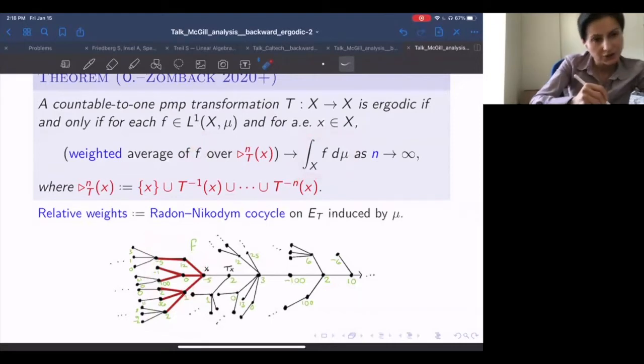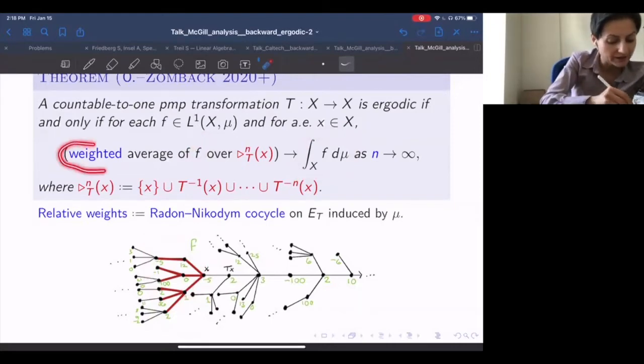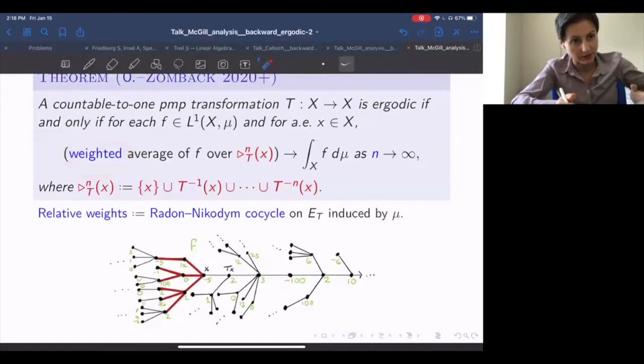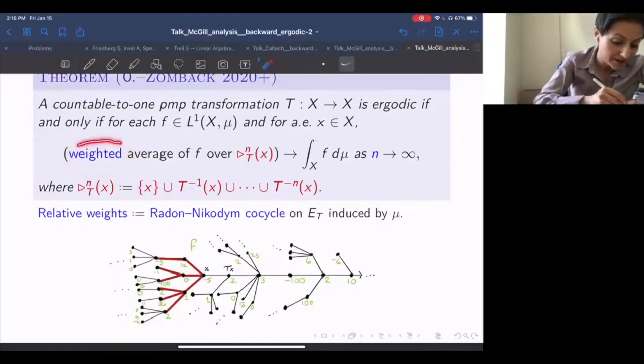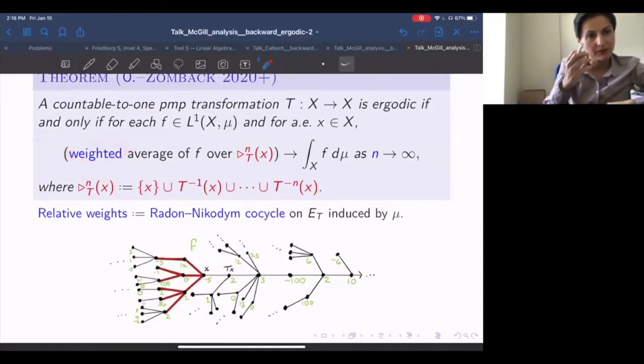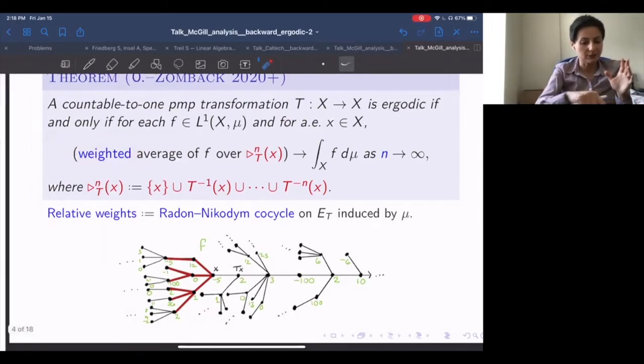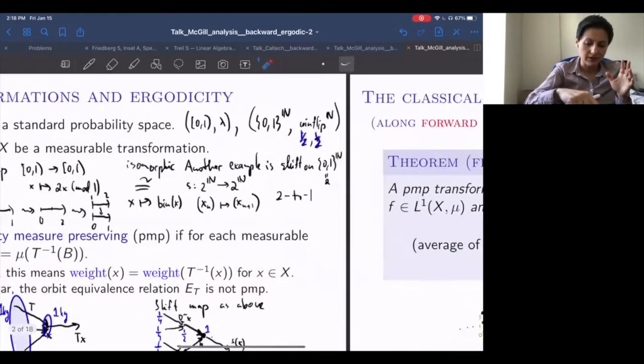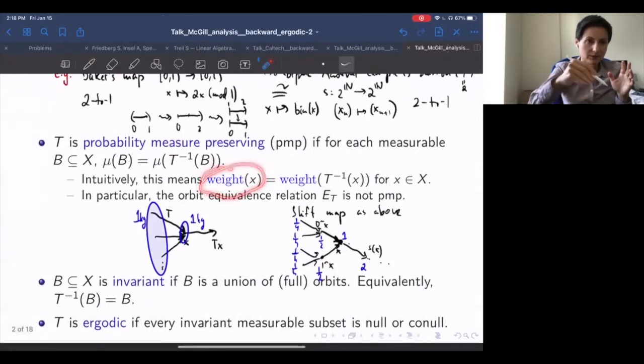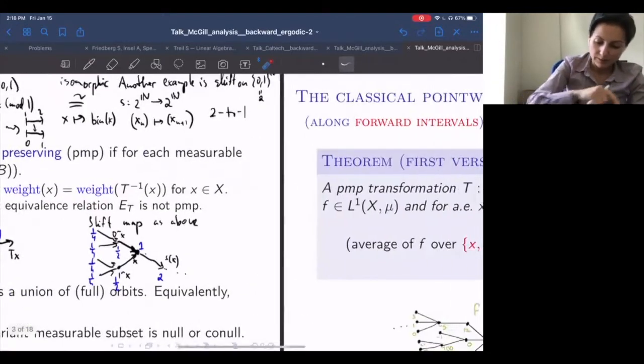However, these are not just averages, these have to be weighted averages, otherwise it's simply false. The weights here are coming from the thing that I told you about. These are the weights I was talking about, and I now will have to make it precise. So let me go back to this.